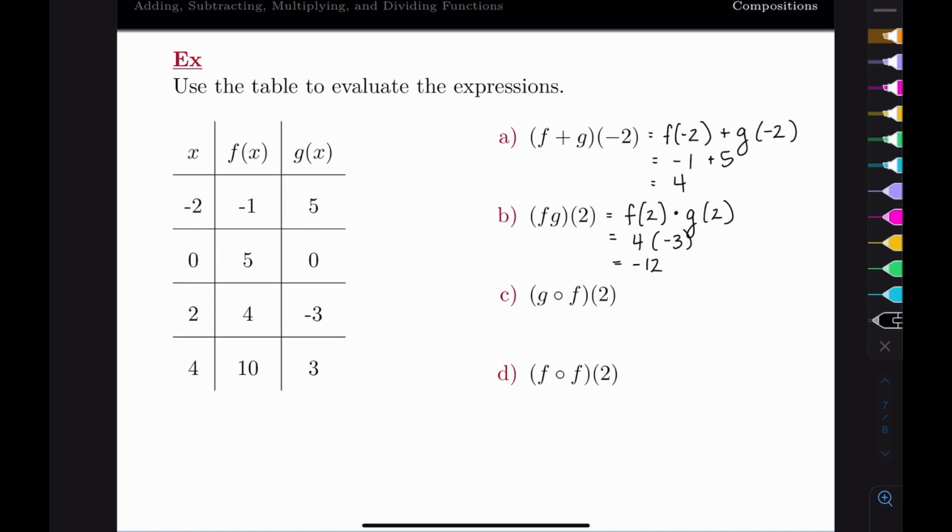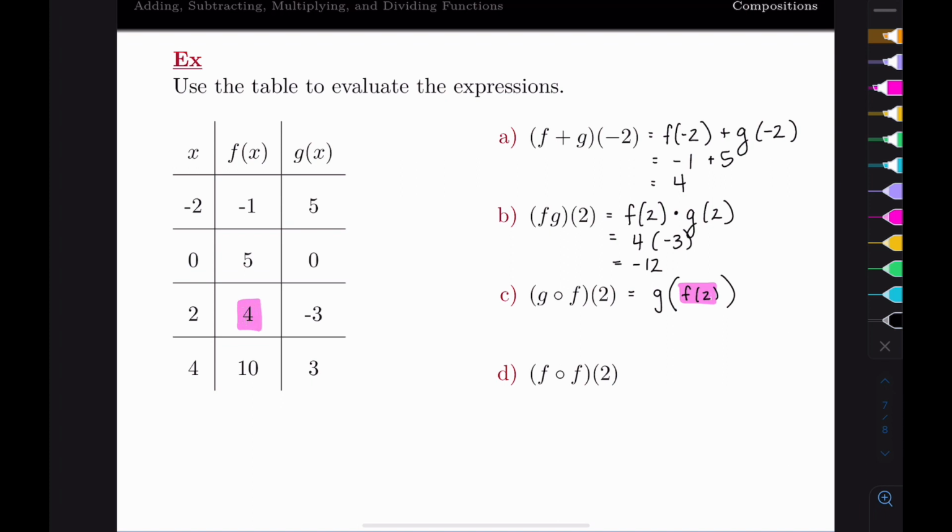For these next two, we have compositions. So again, remember the order does matter, which comes first and which comes second. This composition tells us take g of f of 2. And our order of operations tells us to work from the inside out. So first, I need to find f of 2 using our chart.